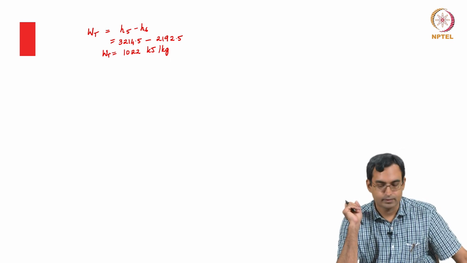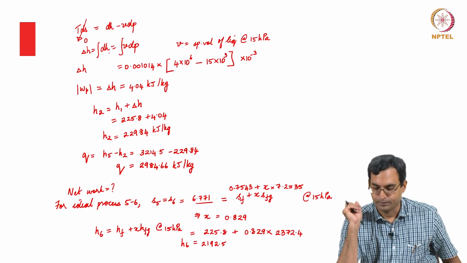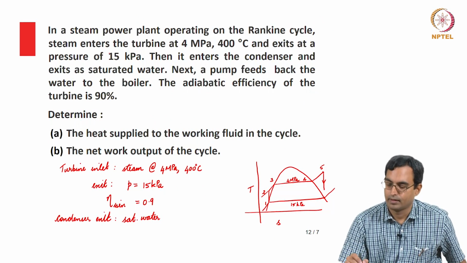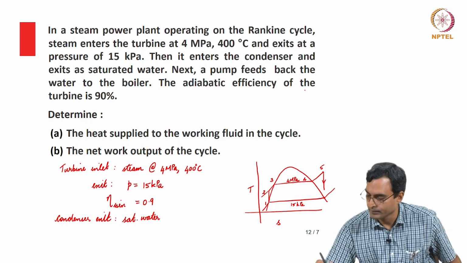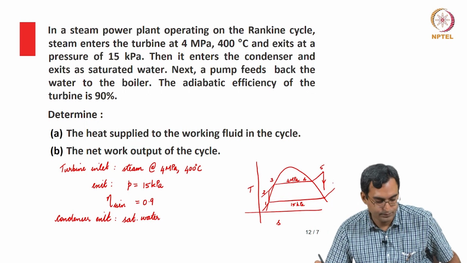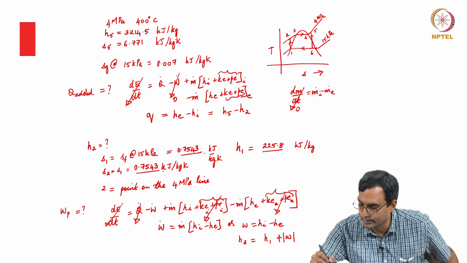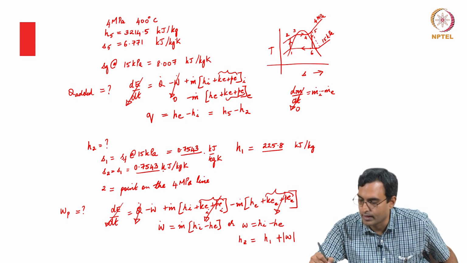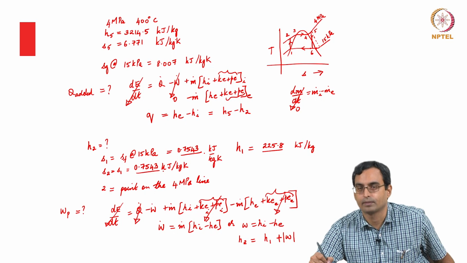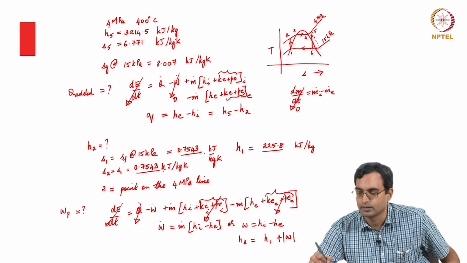What we are given here in the question is that the adiabatic efficiency of the turbine is 90%, which means that instead of getting a process like this, I get some process which is something like this. I have not found out where exactly this last point is. I do not necessarily need it for this question, but I can find out.